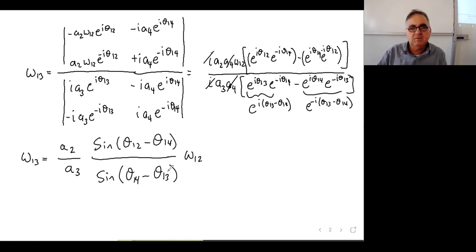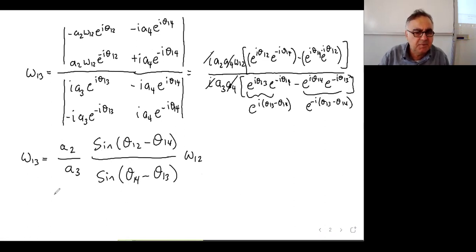Okay, this is the result for the omega 1, 3. That is the velocity of the second link. There is something interesting here, which is this one, sine theta 1, 4 minus theta 1, 3.